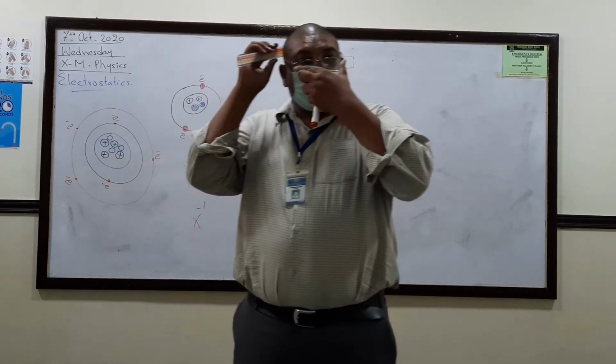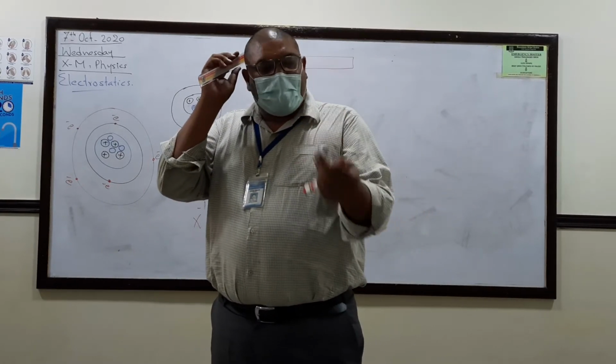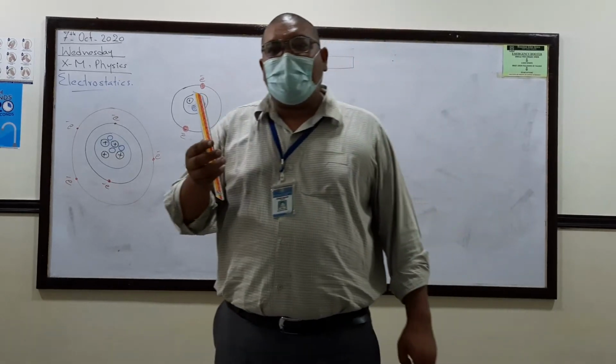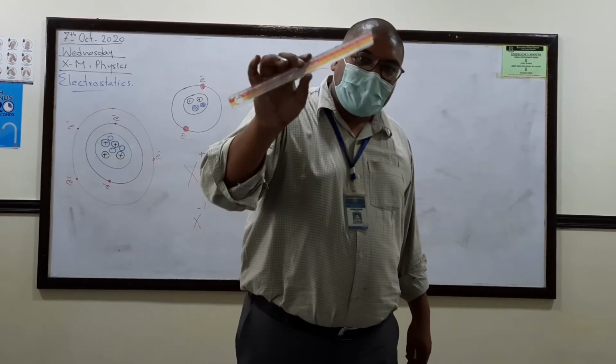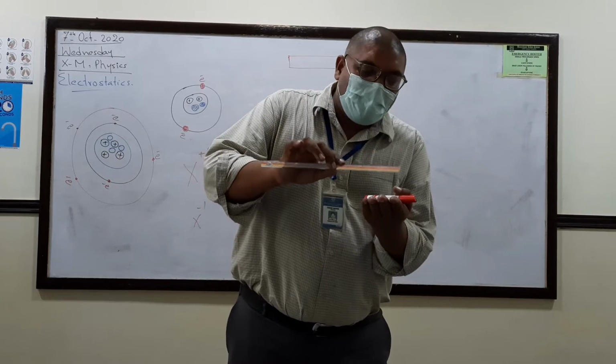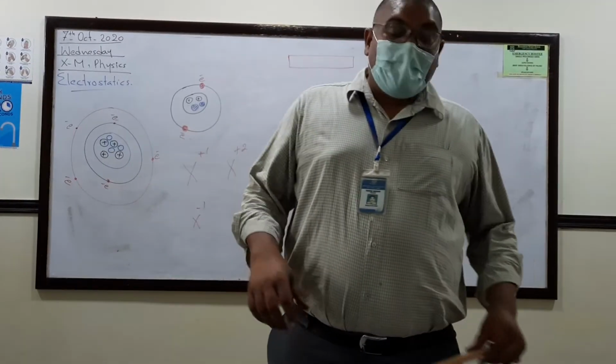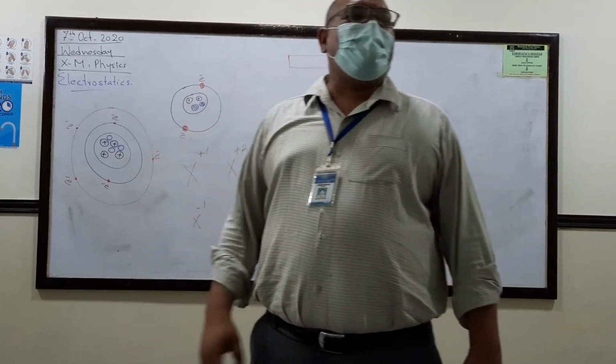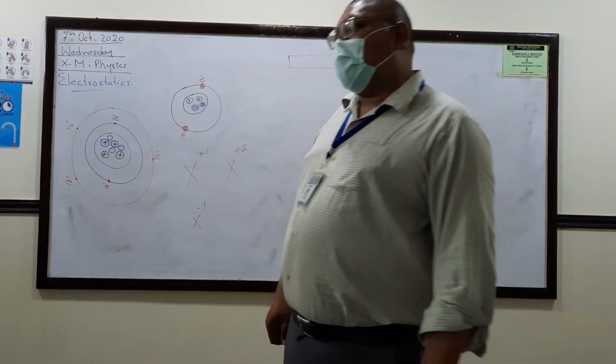Then take small pieces of paper and put them on top of a table. After rubbing the scale, bring it near those papers. You will see that those papers will be attracted to it. They defy gravity, they will jump and attach to the scale.